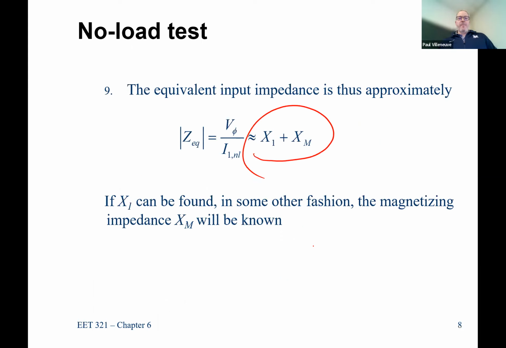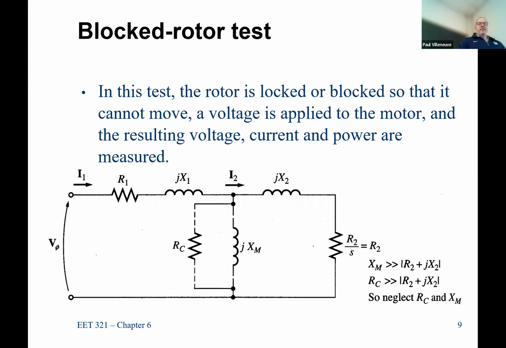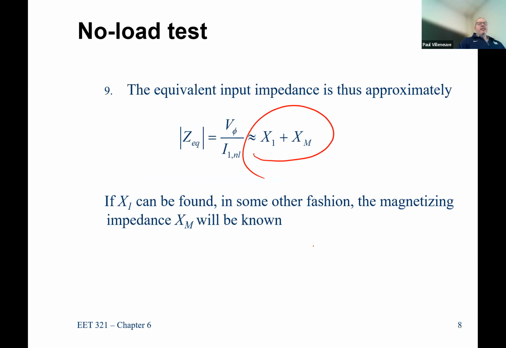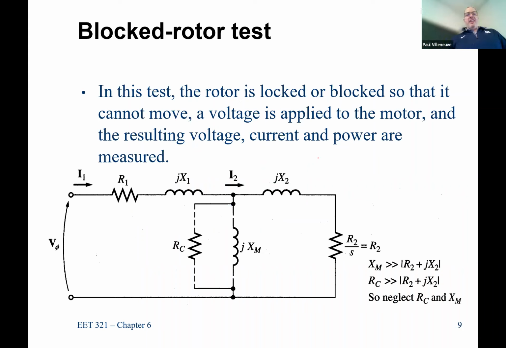So I can solve for X1 and XM. How do I do that? I have to figure out a way to find another term to introduce. All I've done under my no load condition is solve for these two, but I have one equation and two unknowns. So I have to introduce another equation.